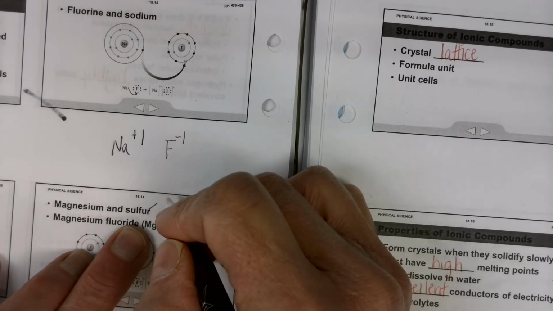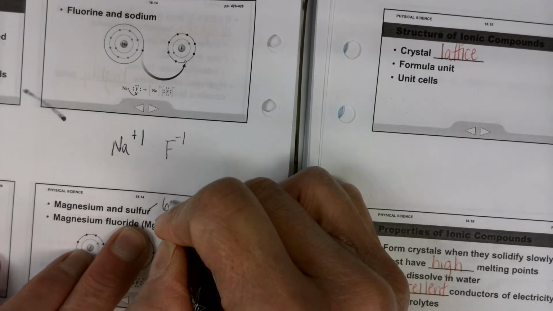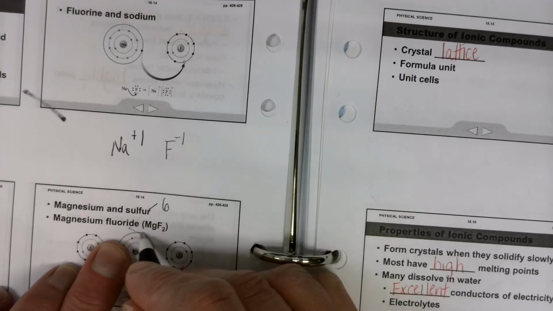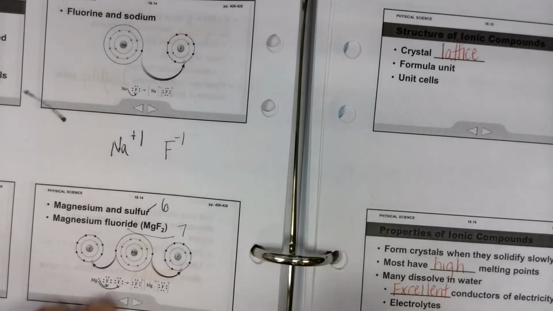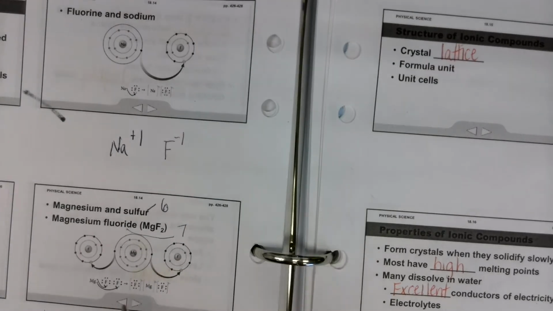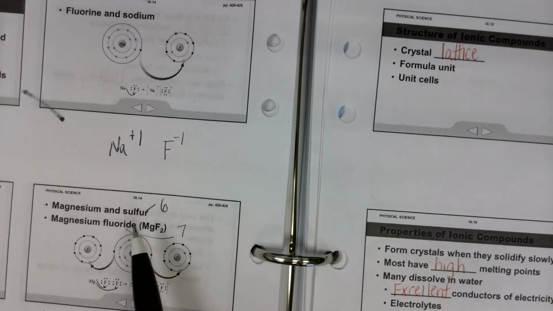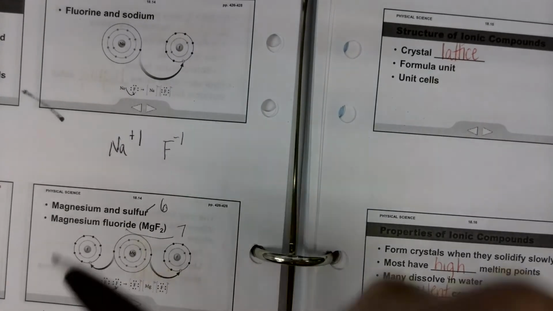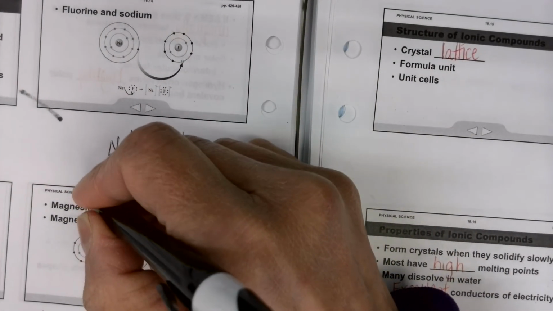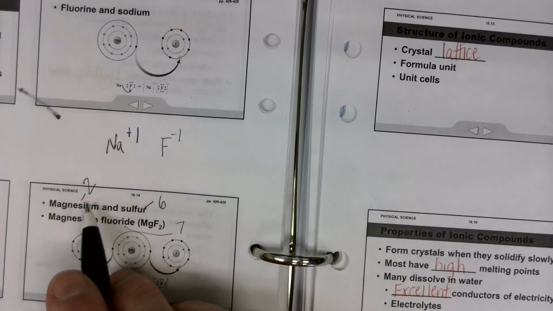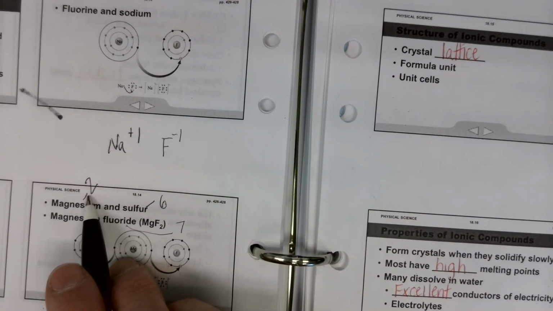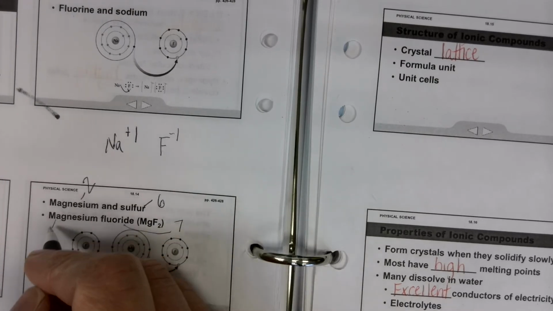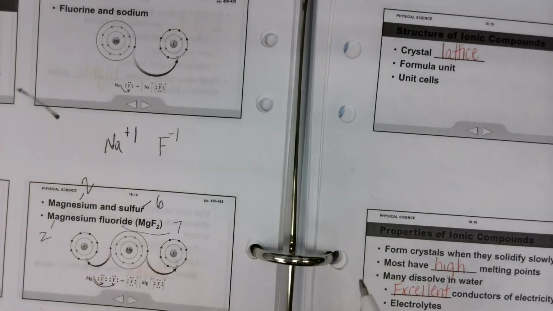Sulfur is in group 6A, so it has 6 valence electrons, whereas fluorine is in group 7A, so it's got 7 valence electrons. That's going to be a little bit different, right? Magnesium is in group 2A, so it's got 2 valence electrons it wants to give away to some other element. This magnesium is also going to have 2, right?